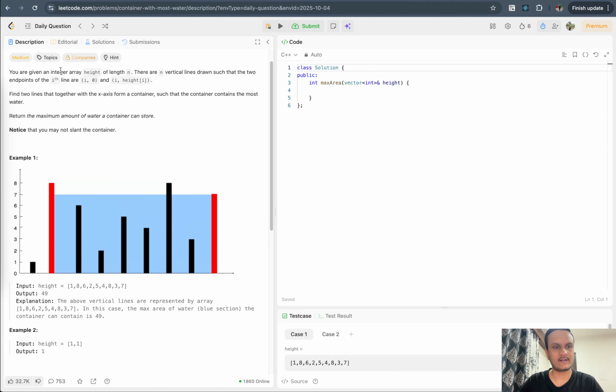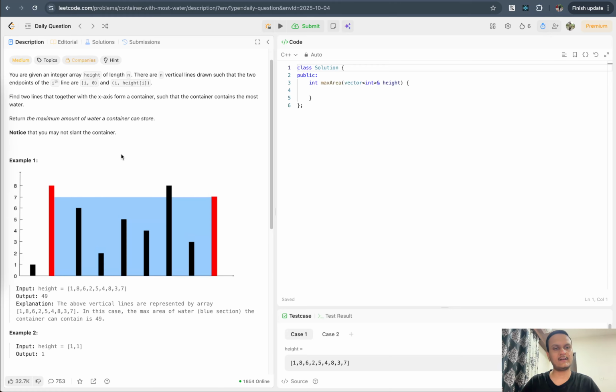You are given an integer array height of length n. So the n vertices you can... okay. So we want to find the container and return the maximum amount of water a container can store. Okay, something like the trapping rainwater problem, which we have solved yesterday.